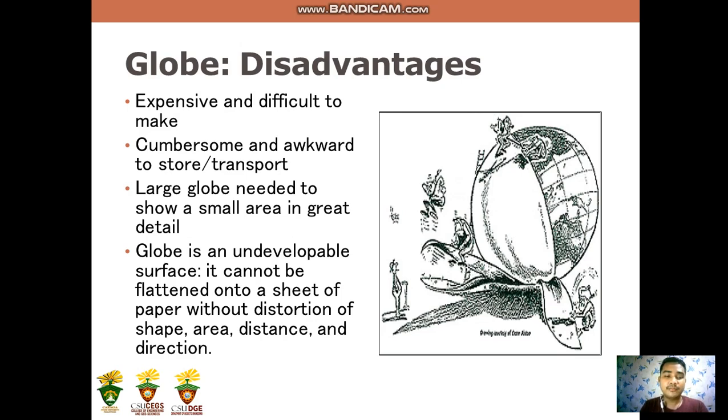And a large globe is needed to show a small area in great detail. And a globe is an undevelopable surface. It cannot be flattened into a sheet of paper without distortion of area, distance, shape, and direction. So kung imuha na siyang i-convert into two-dimensional, naagid na siya distortion.